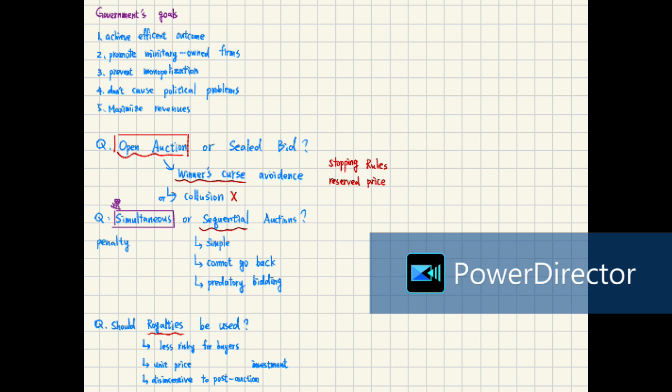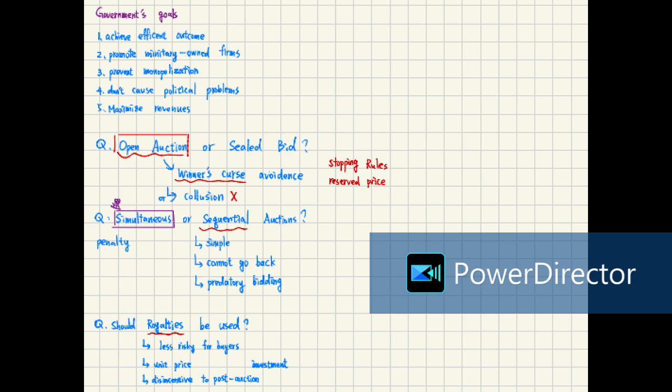That means no specific company can own a larger amount of spectrum. The fourth is don't cause political problems. Yes, that is because if the government does not arrange it correctly, there may be some political problems to solve. The fifth is maximize revenues. Yeah, it is obvious because the government needs money.